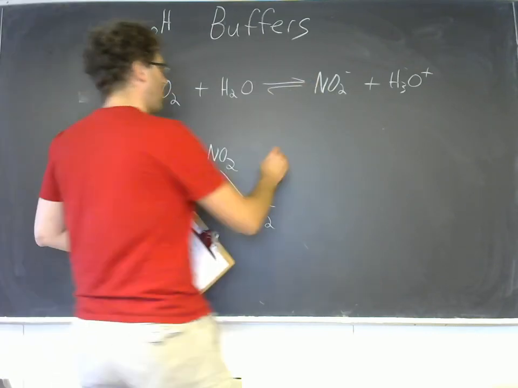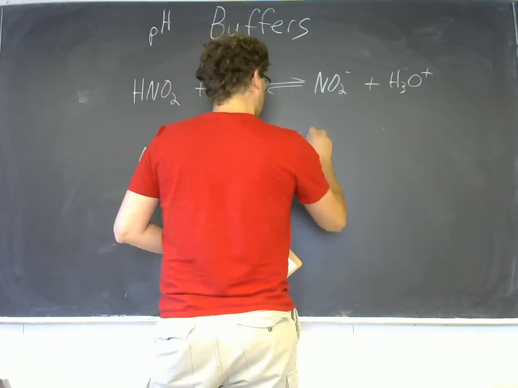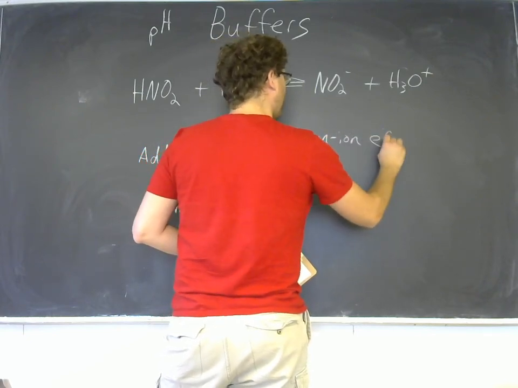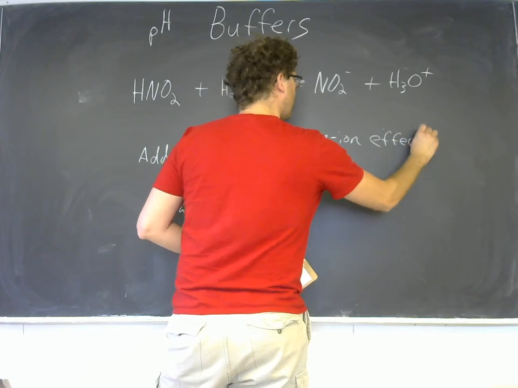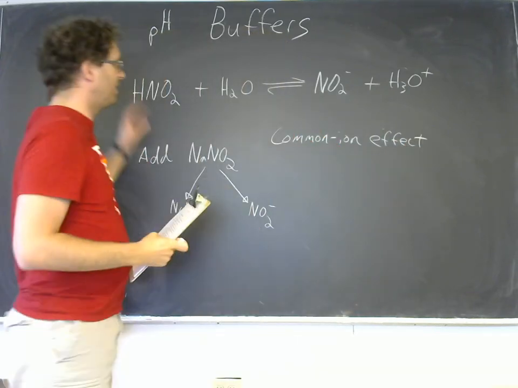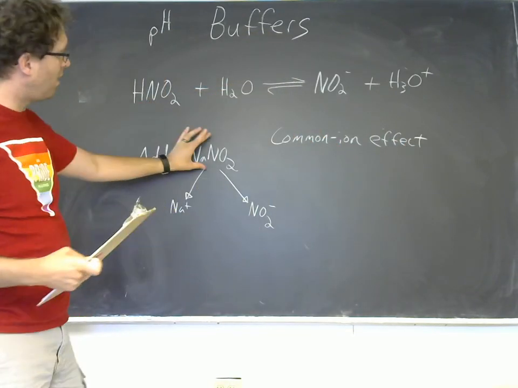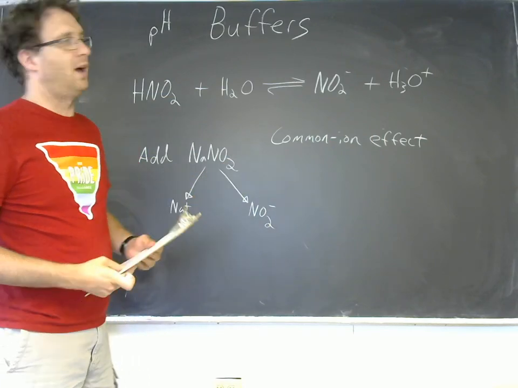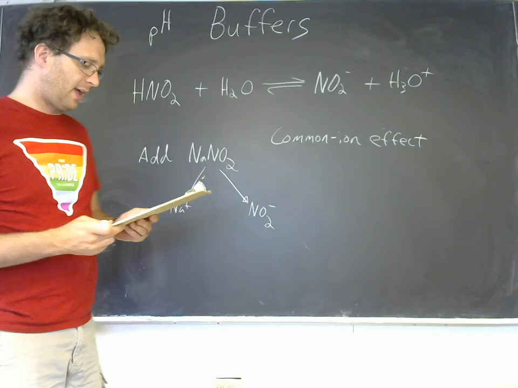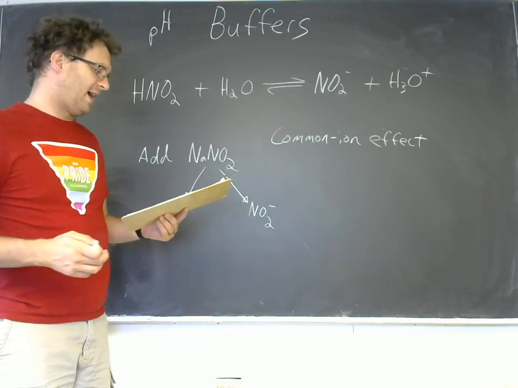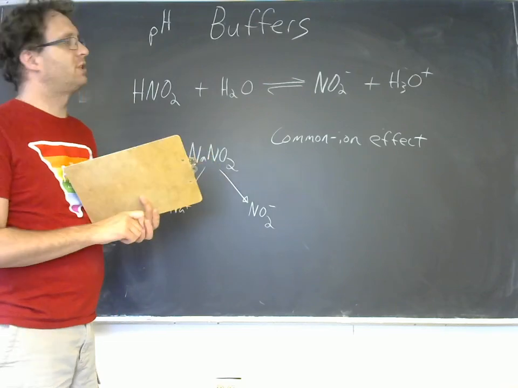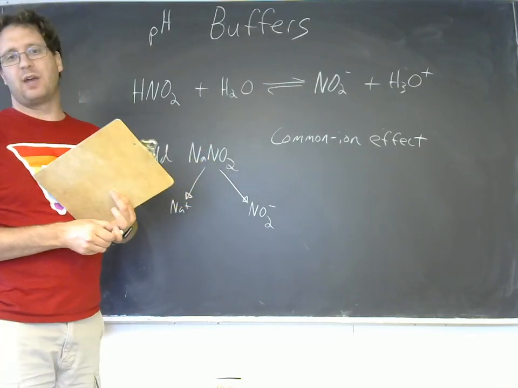So this is called the common ion effect, because this reaction and this compound share the nitrite ion in common. It's in both of them. Okay, so that is the common ion effect. And that's just a little bit of an intro to what happens with buffer solutions.